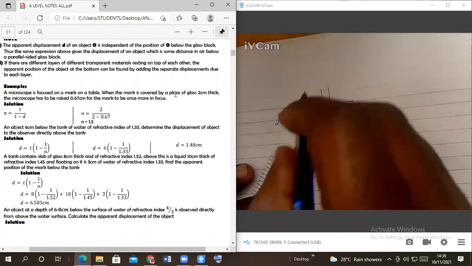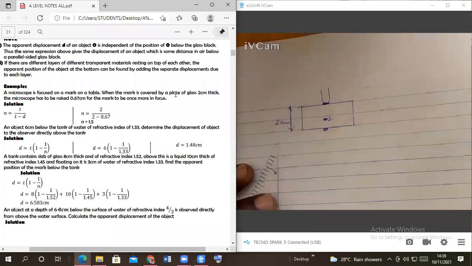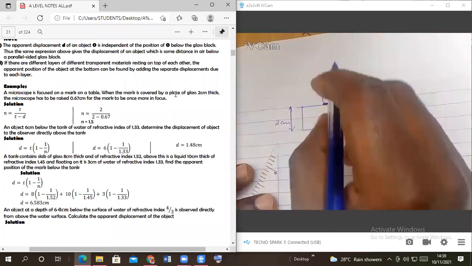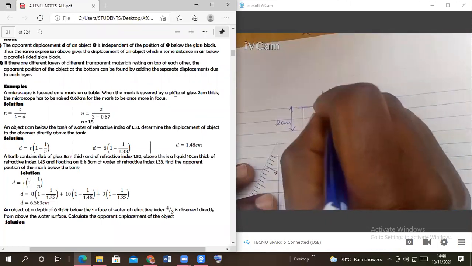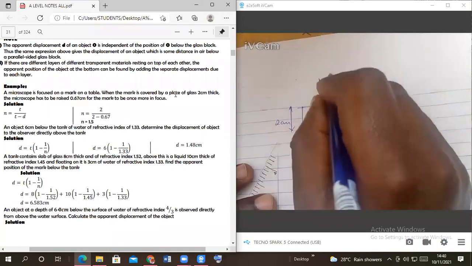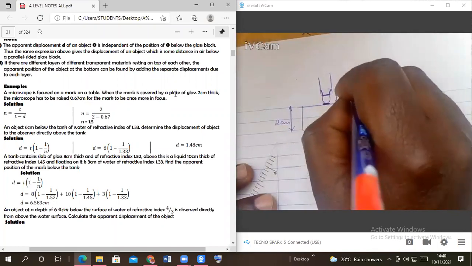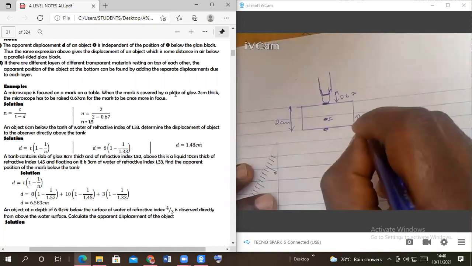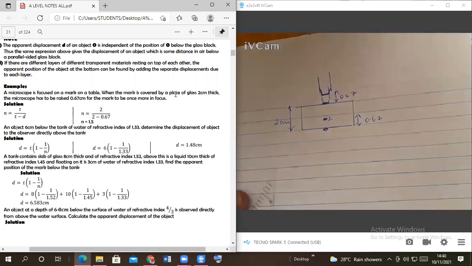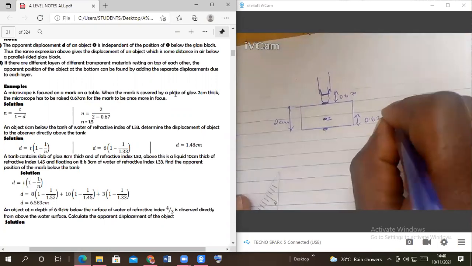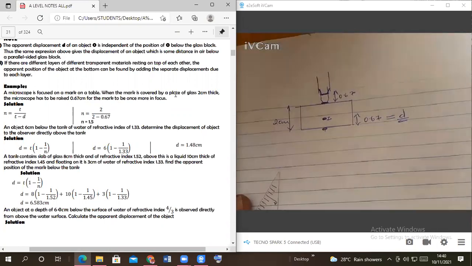So you move the microscope a distance of 0.67, to somewhere there, and that distance is equivalent to this distance, 0.67, so that you can focus the object. And this distance here is what we call the apparent displacement. Are we together?